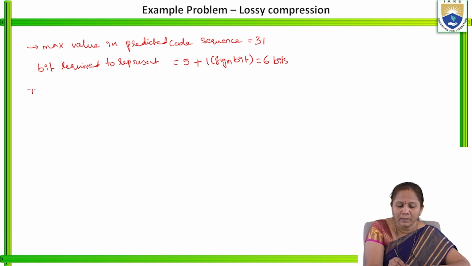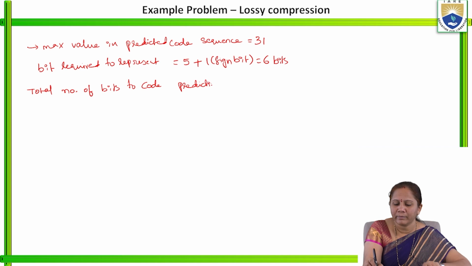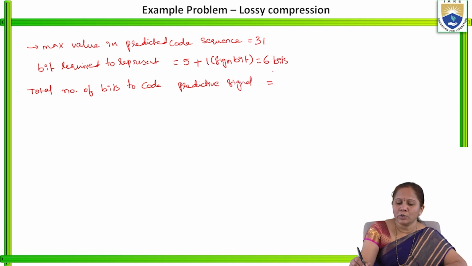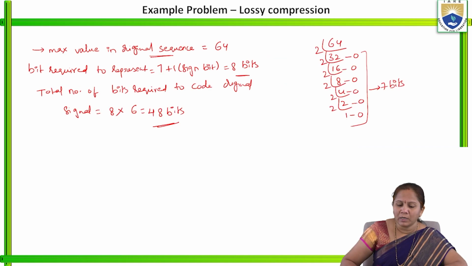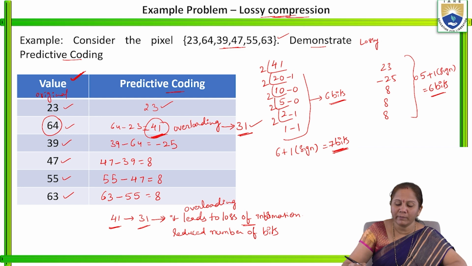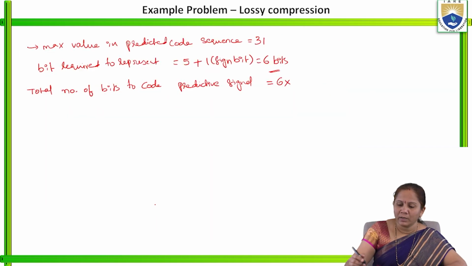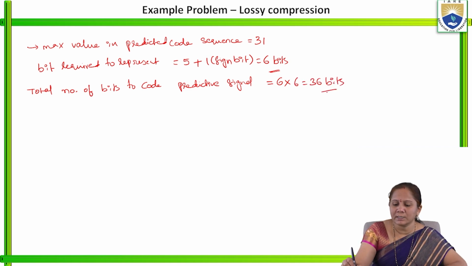Next, the total number of bits required to code the predictive signal: here 6 bits are required. How many pixel values are there? 1, 2, 3, 4, 5 and 6. So here it is 36 bits.